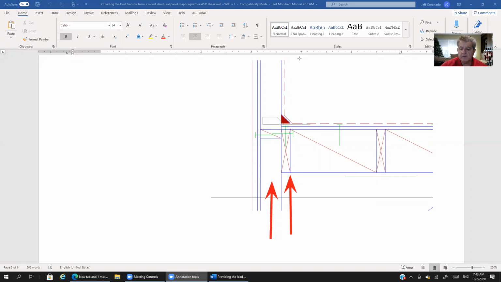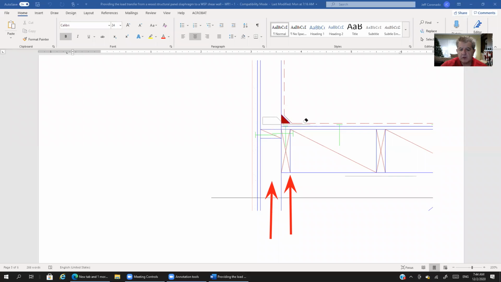So are the nails there for some kind of lateral resistance? And the answer to that is yes, they're there for lateral resistance. Now let's just assume hypothetically that the hurricane tie was not here. All right. So we have no hurricane tie. Now what?